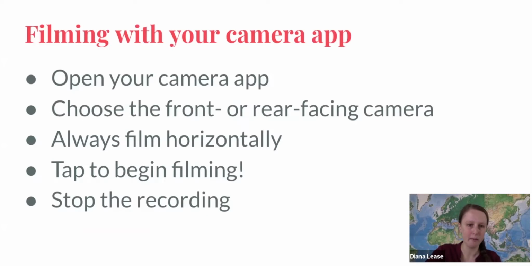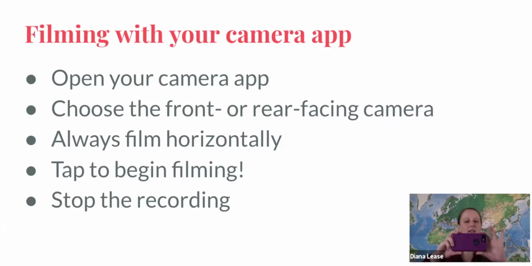Now, most of you probably already know this, but we always cover it just in case. How to film with your camera app. So you open the camera app on your phone, choose whether you want front or back facing filming. And we always tell people always film horizontally because it's going to show up a lot better when students are watching it. People always accidentally go vertically because that's how our phones fit better in our hands.